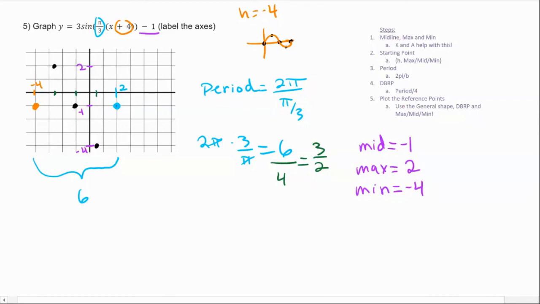So sketch this. So it goes up here, back down to this one, back down, all the way back to there. And that is just one period. So again, it still goes on after that, but the 5 reference points in that period is what we're looking for. So there's your graph.